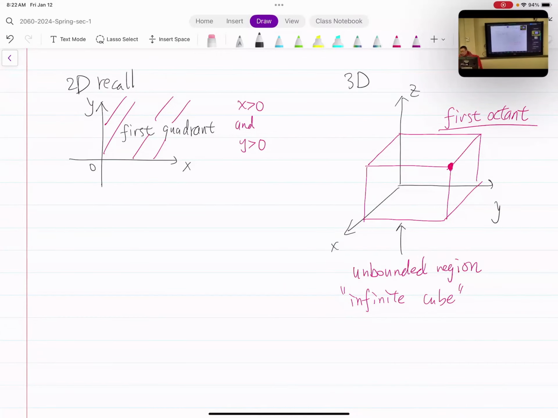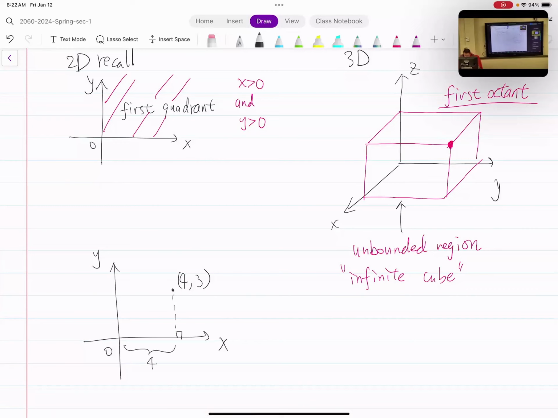Now, let's talk about the coordinate pairs. At the beginning, we have the XY axes and a point (4, 3). The orthogonal projection here gives you 4 units to the right, and this projection gives you 3 units above.